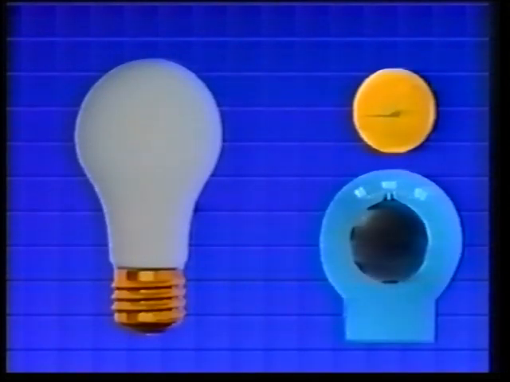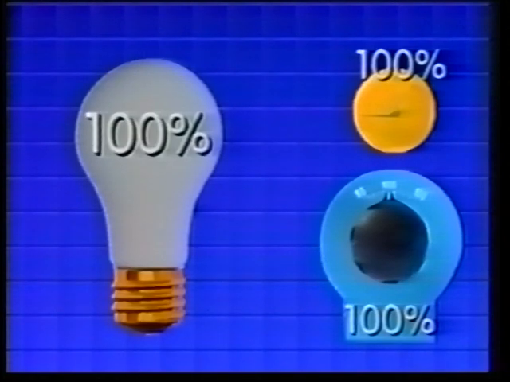The filament is very sensitive to the amount of voltage being supplied. When the lamp operates at its rated voltage, both its lifespan and its lumen output are at 100% of their values. Increase the voltage over the lamp's rating, and the lumen output increases while the life decreases.